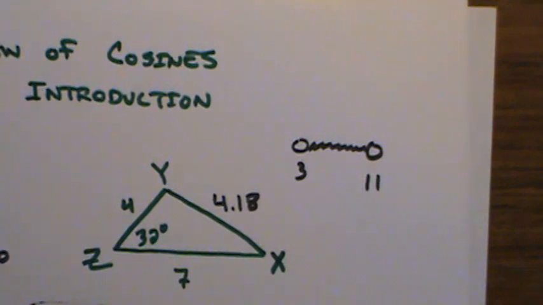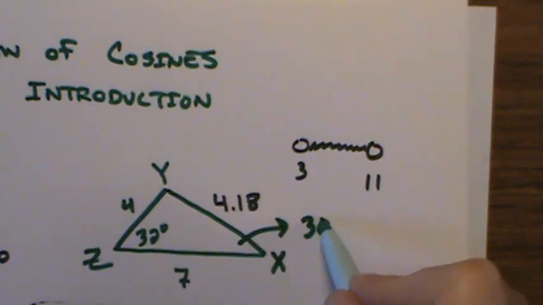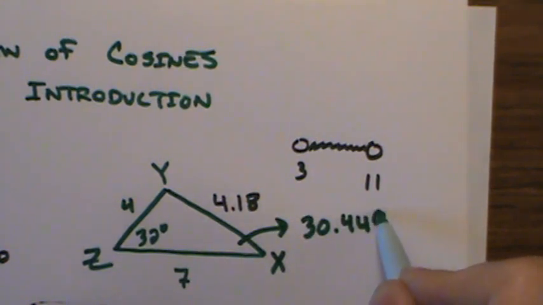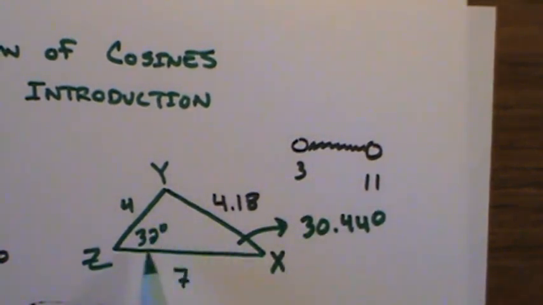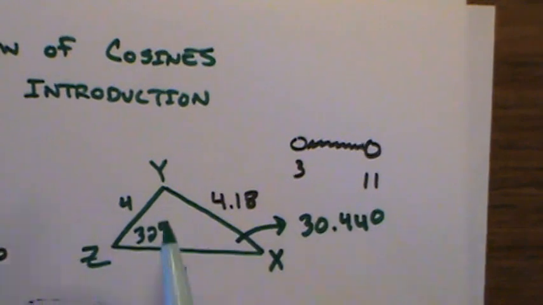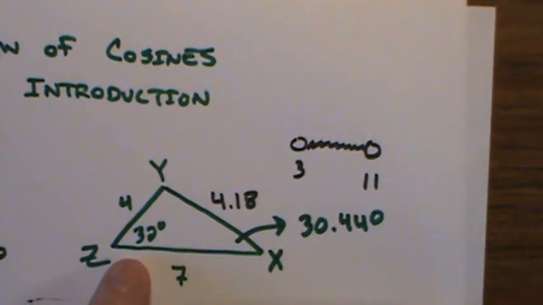And we'll come back up to this triangle. If I know angle x is 30.44 degrees, well, I know that there's 180 degrees in a triangle, so I can add these up, subtract from 180, and I can find that summit angle, which I might as well do. We got this much done. We might as well do all of it, huh?